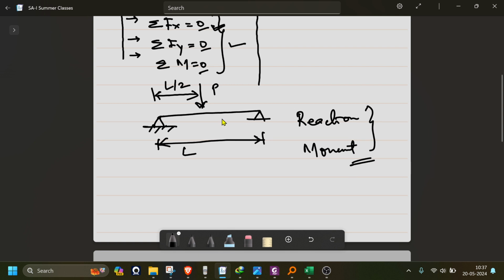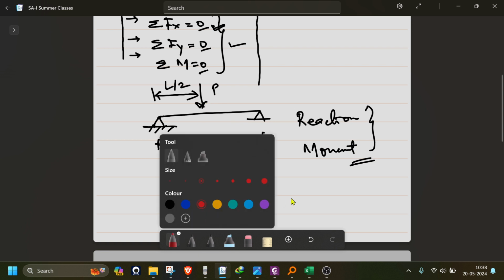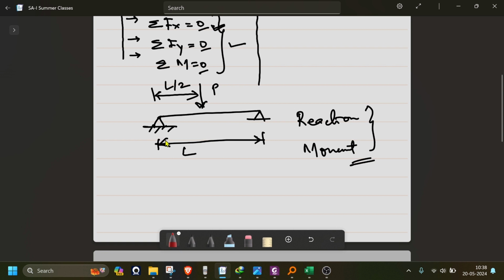So if this is a simply supported beam and we have one point load here, then what will be the reactions? Reaction क्या क्या आएगा? नेहा, इसमें क्या क्या रिएक्शन आ सकता है? So let us say this is my support A. Neha, what did you say?